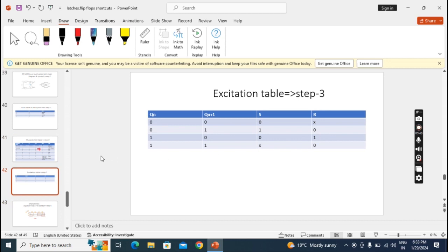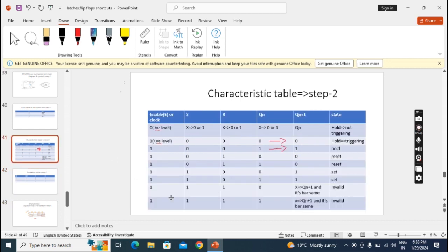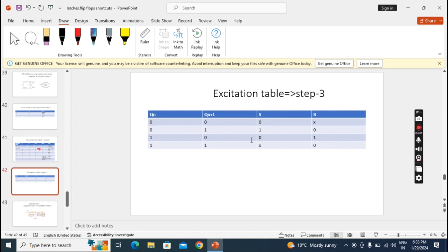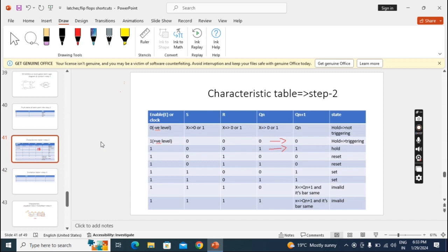Okay. Next we'll see 1 0. Qn equal to 1 and Qn plus 1 equal to 0. For 1 0 we are getting S0 R1.